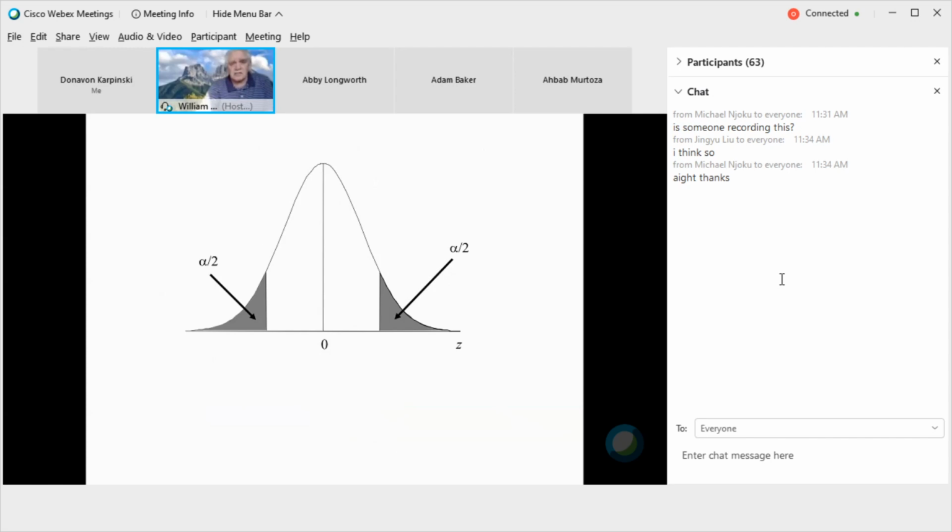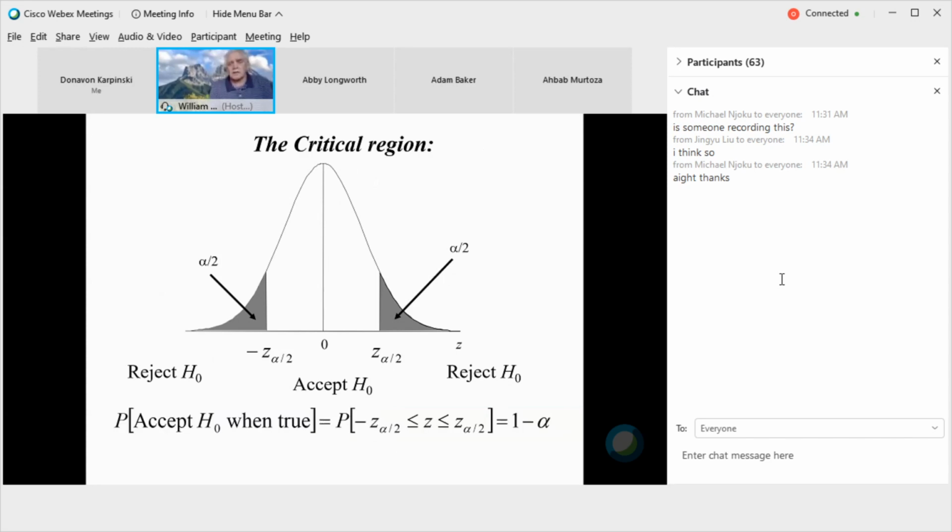There's this distribution of the test statistic when H naught is true. There's the critical region and the acceptance region. With this choice, the chance of accepting H naught when it's true is equal to 1 minus alpha. The chance of rejecting H naught when it's true, that's a type 1 error, is equal to alpha.